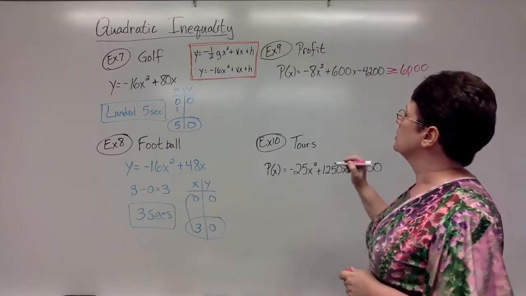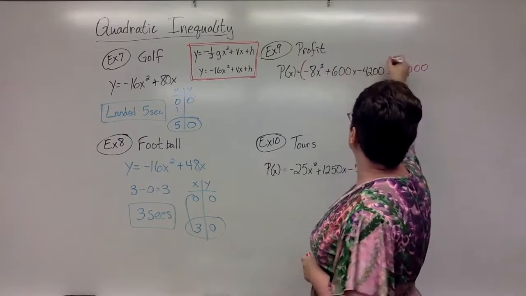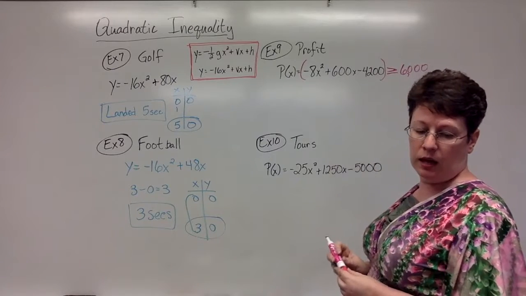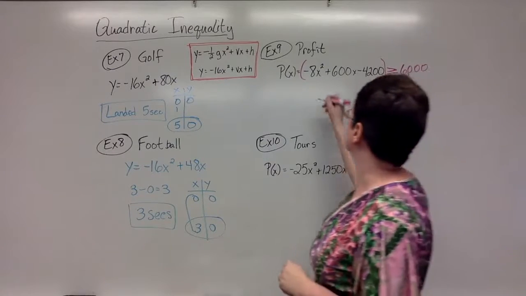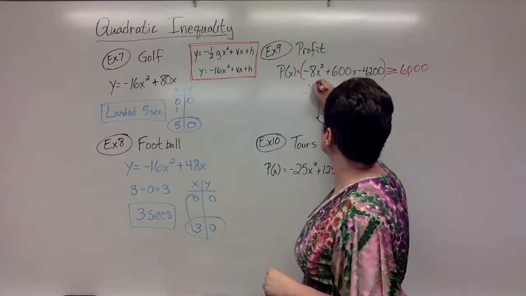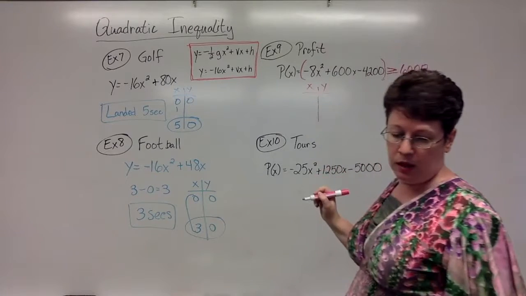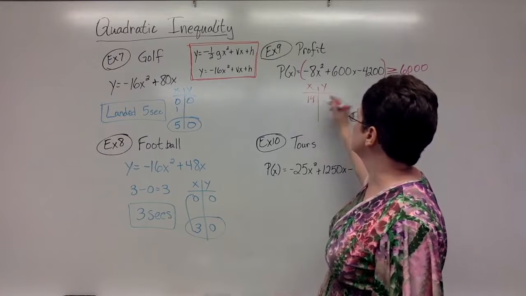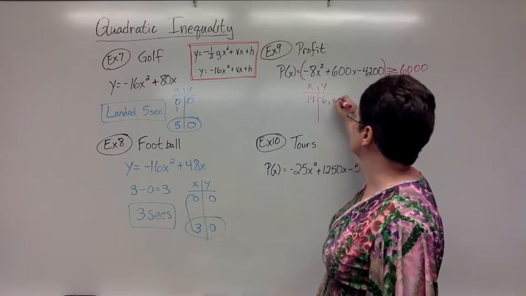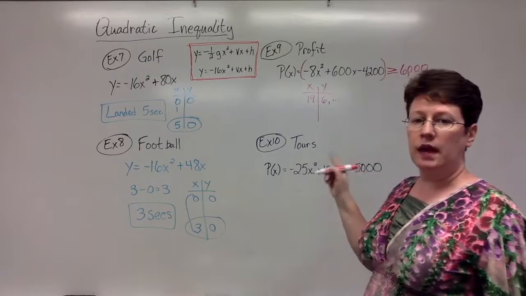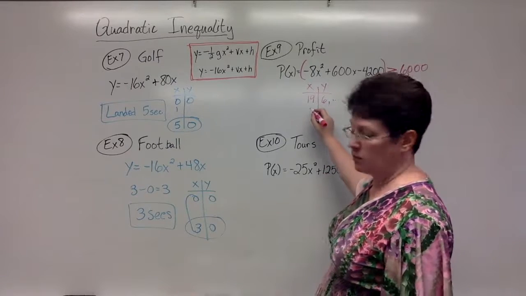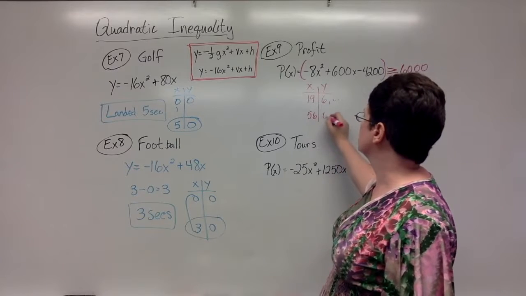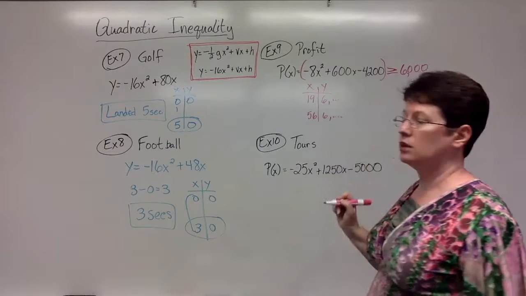Okay, so I'm going to plug my equation into y1. I am then going to look at my table. I'm going to scroll down, look at my x's and my y's. As I scroll down, I notice that at x equals 19, I have 6 and some numbers. That's above 6,000. If I keep scrolling, I have 56, 6 and some numbers.